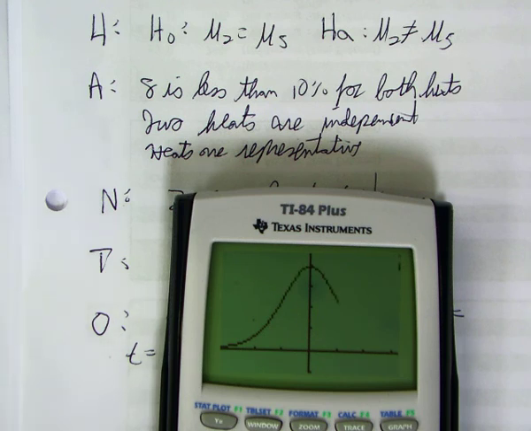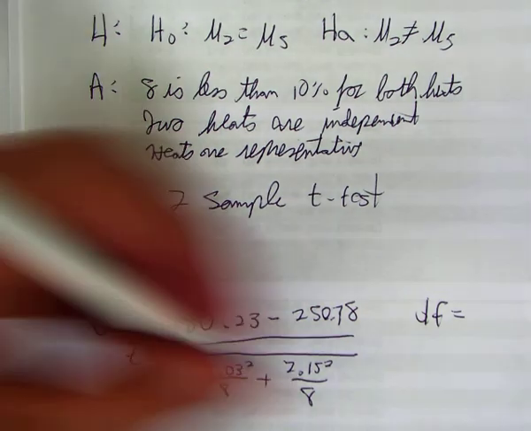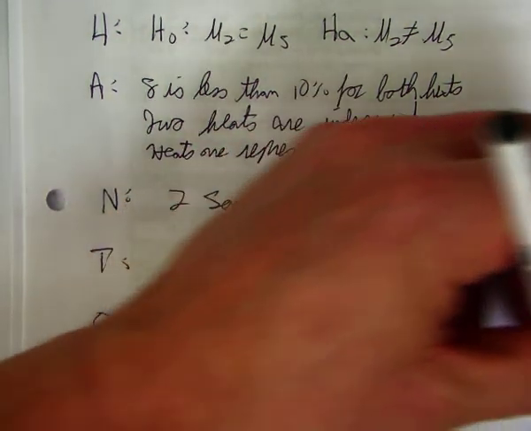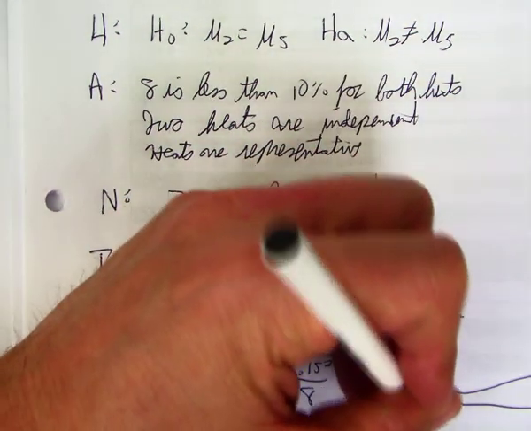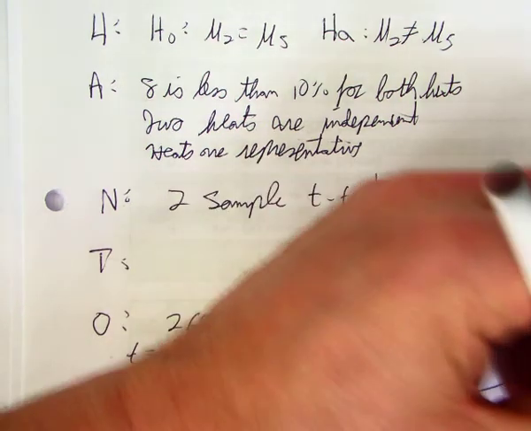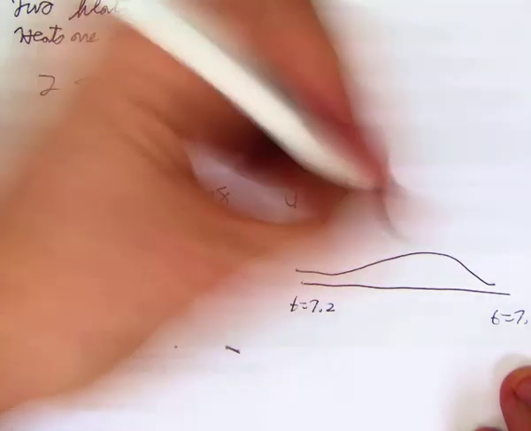So there's our t distribution. Okay, so t equals 7.2. So this would mean t equals negative 7.2, and t equals positive 7.2, and our P-value is 0.